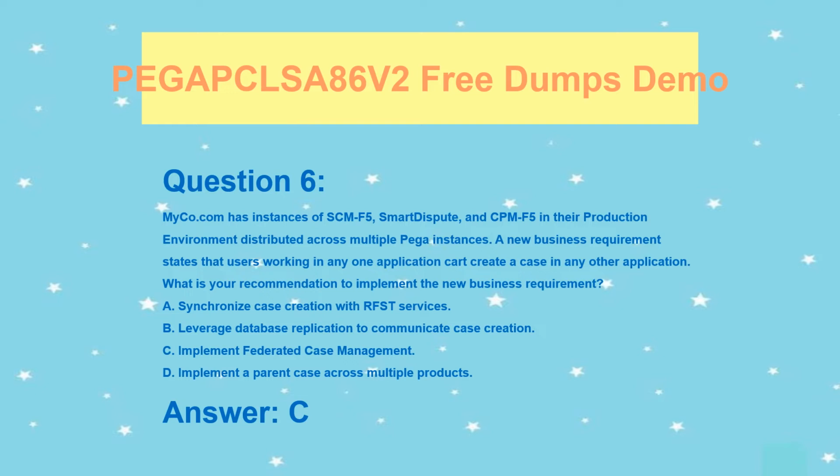What is your recommendation to implement the new business requirement? A. Synchronize case creation with REST services. B. Leverage database replication to communicate case creation. C. Implement federated case management. D. Implement a parent case across multiple products. Answer: C.